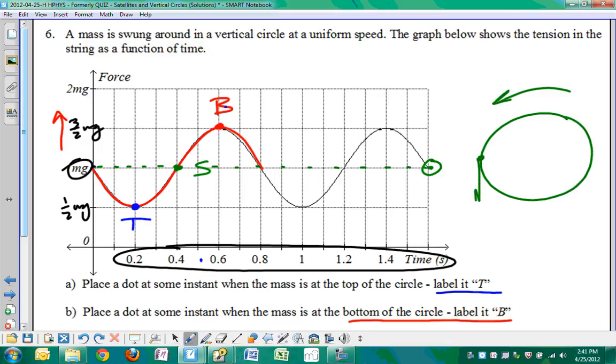The tension when it's on the side: mg is perpendicular to the radius, so there's no component of mg that helps the string provide the centripetal force toward the center of the circle.